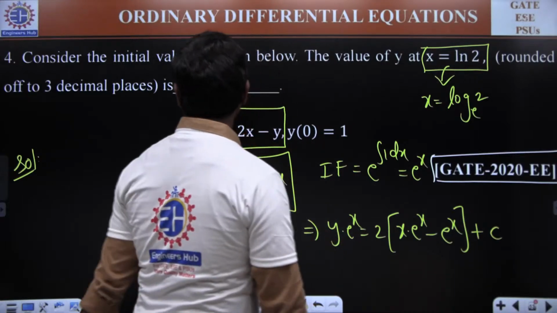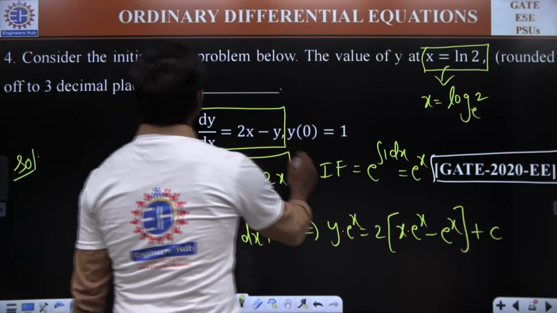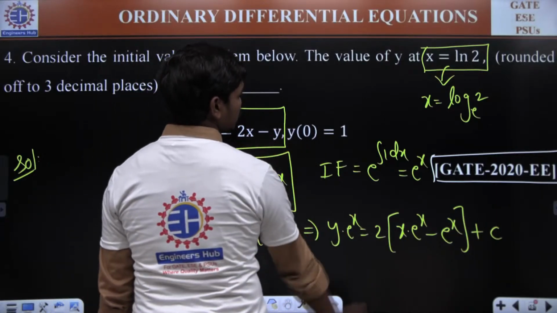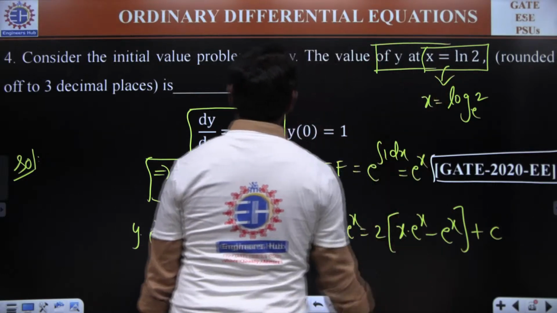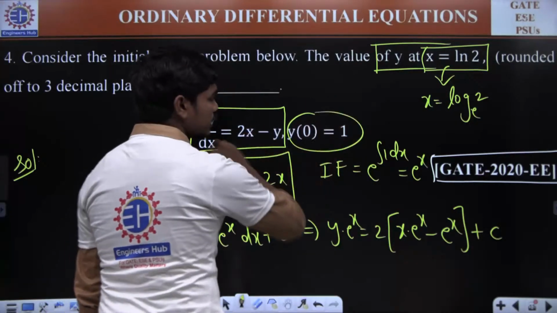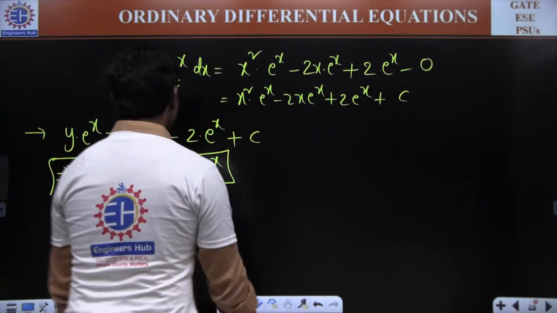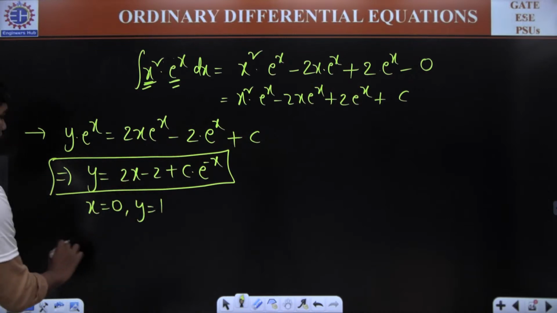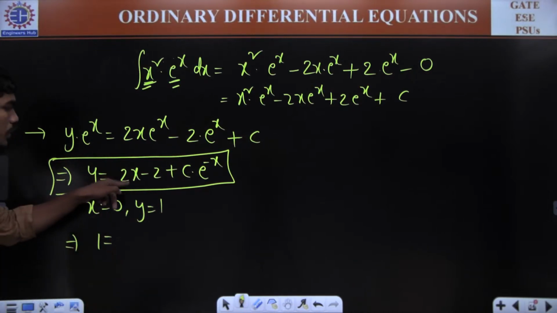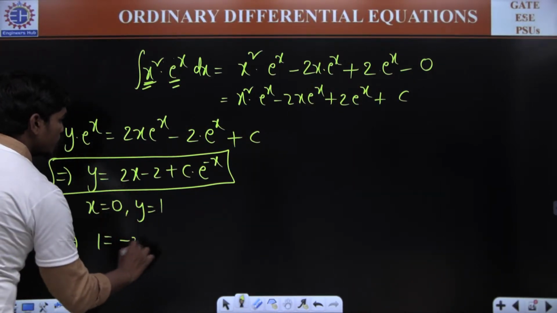Okay, so see here. Now, what is the condition that's given? Consider the initial value problem below. Then what's the value of y at x is equal to log 2? Okay, then what about c? This condition is given to calculate c. Y of 0 is equal to 1. So put x is equal to 0 and y is equal to 1 simultaneously in this equation. This implies 1 is equal to 2 times 0, which is 0, minus 2 plus c.